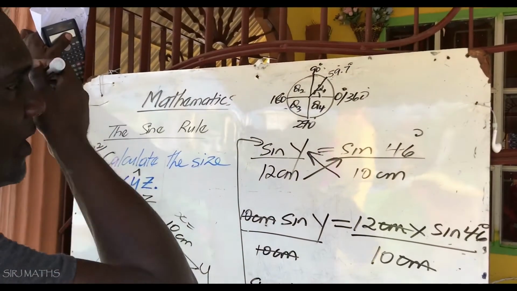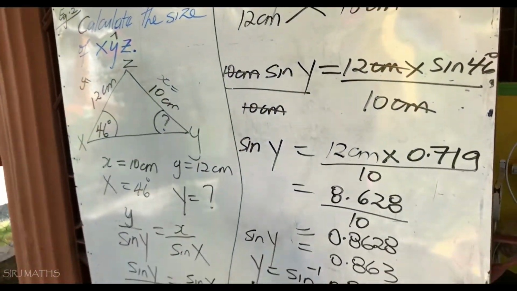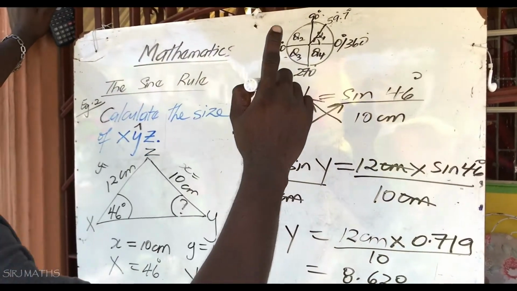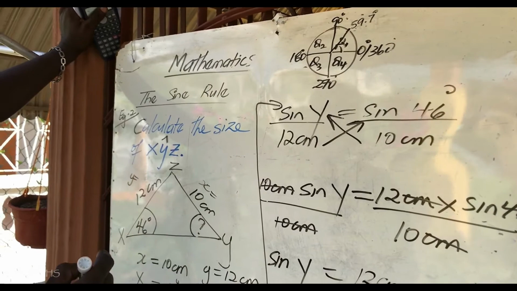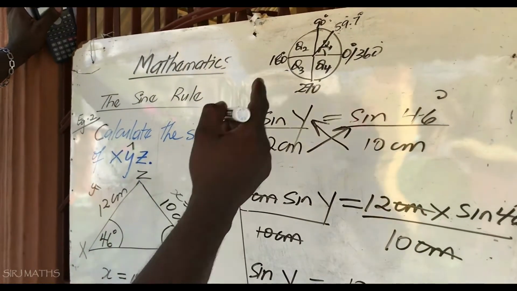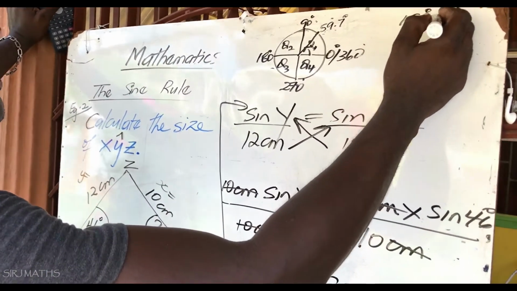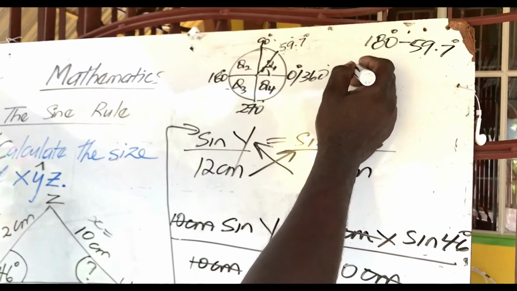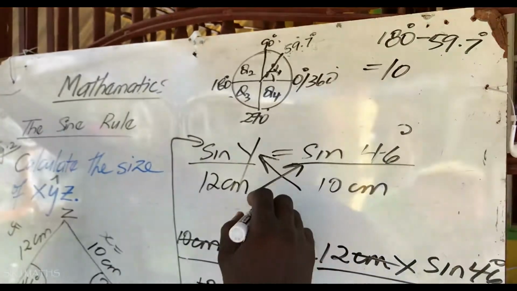And that angle is supplementary to the 59.7 degrees. Now, when two angles are supplementary, it means that both of them add to give us 180 degrees. So what we could do is to take 59.7 from 180. So that's 180 degrees minus 59.7 degrees.